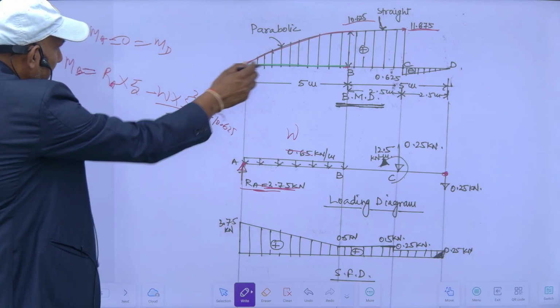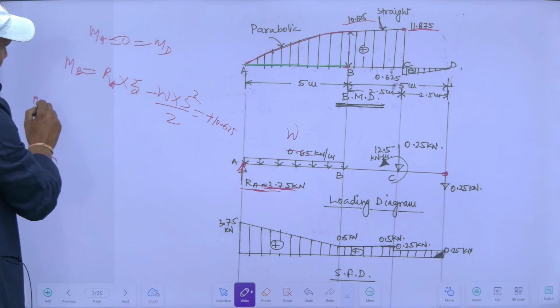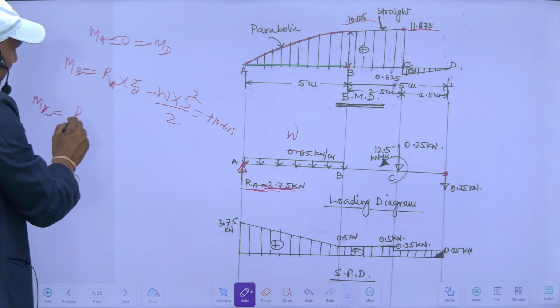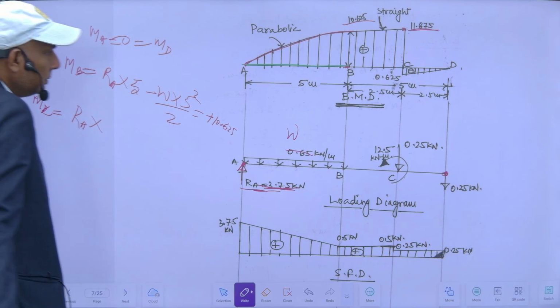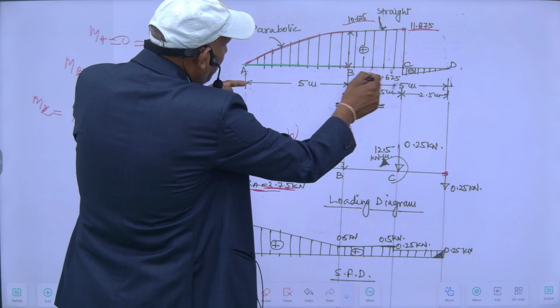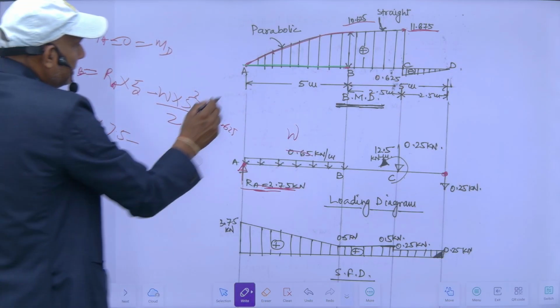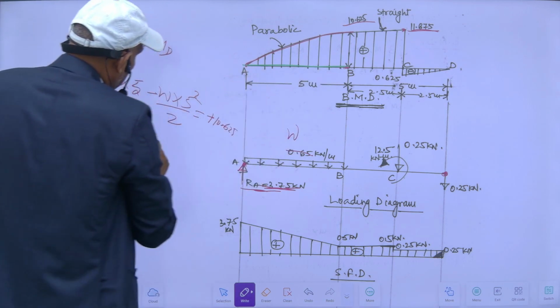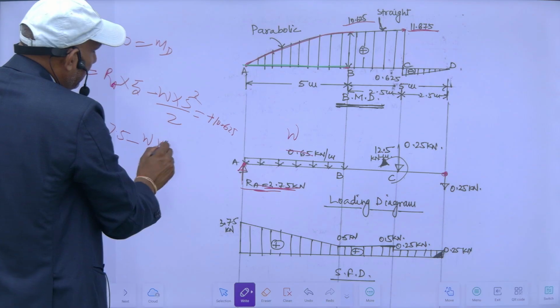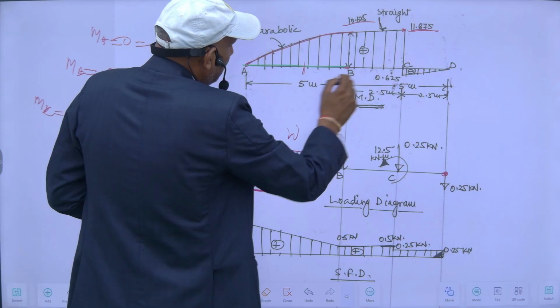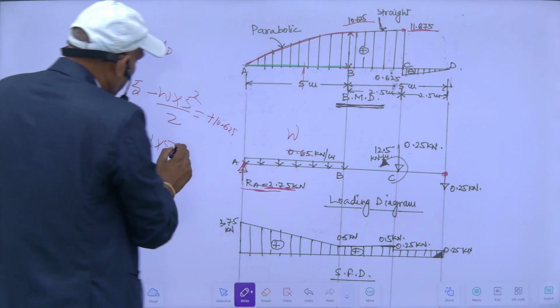So another equation, MC, will be equal to RA into this much distance, which will be 5 plus 2.5, means 7.5, minus W into 5, and it will act at half of this, so 2.5, plus 5.